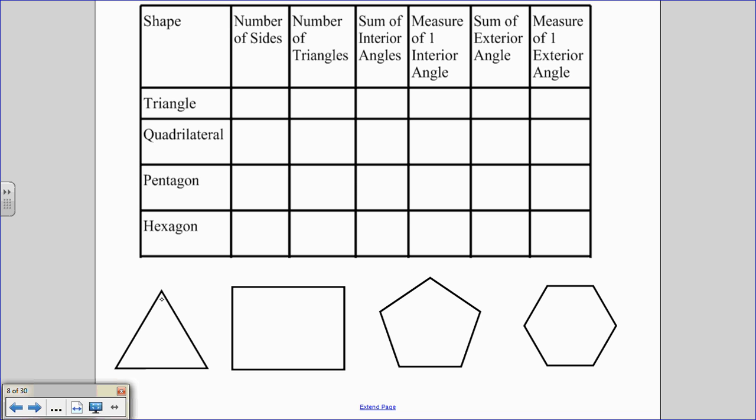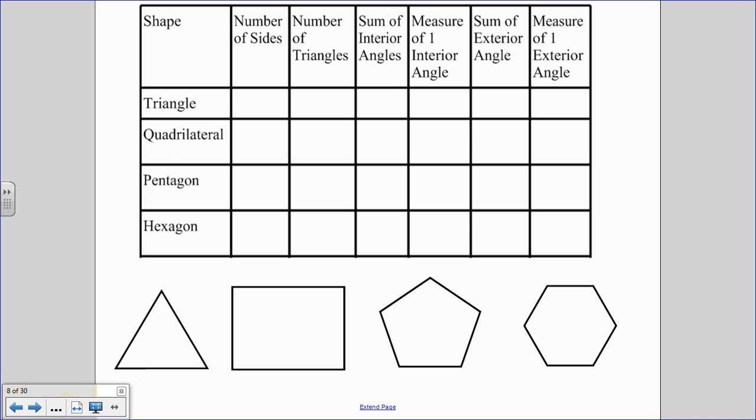So the triangle doesn't have any diagonals. So it's just going to stay 0 diagonals.